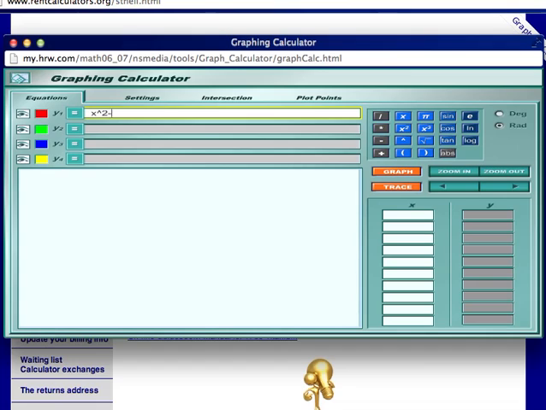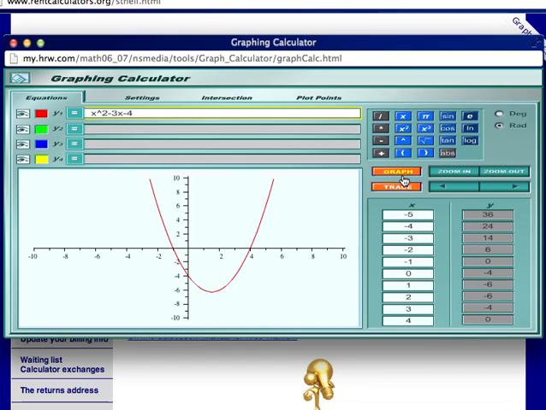So x squared minus 3x minus 4. So whatever the quadratic is, that's what you're going to put in the box. I want you to go ahead and click graph. The graph button is located in orange, over on the right side. So if you click graph, you should notice that that's what you get.